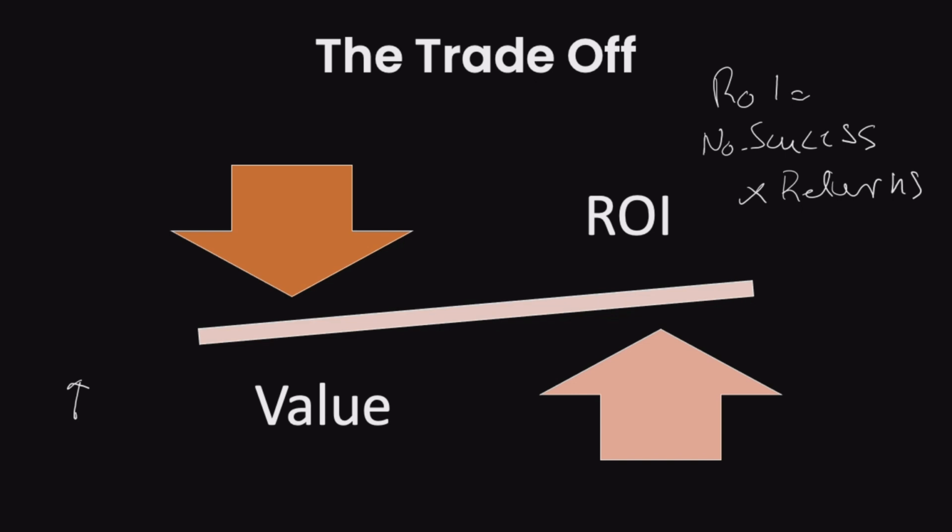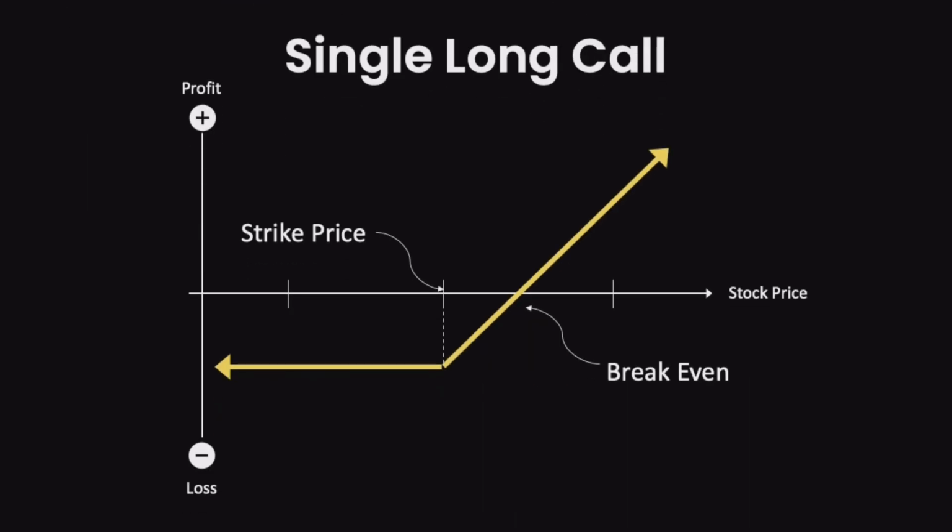And therefore, overall, because of the law of large numbers, which we discussed in previous videos, the overall rate of return on investment decreases. So if you want to increase your rate of return on your investment, then the per trade value should be reduced, thereby increasing the probability of success and overall return on investment increasing. So let's have a look at how this works out in a real world situation.